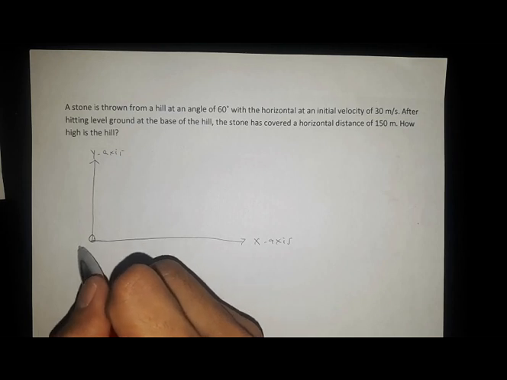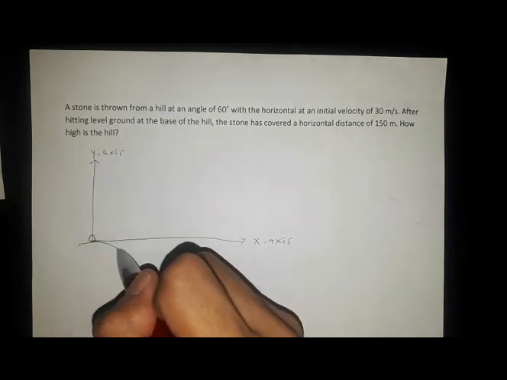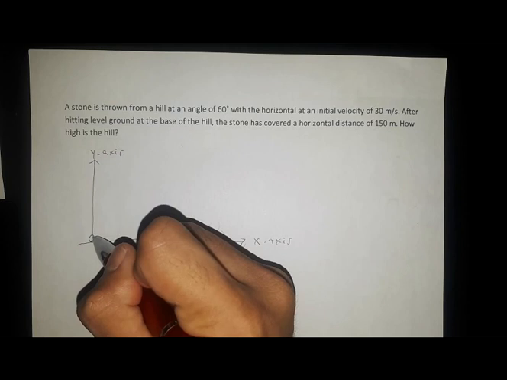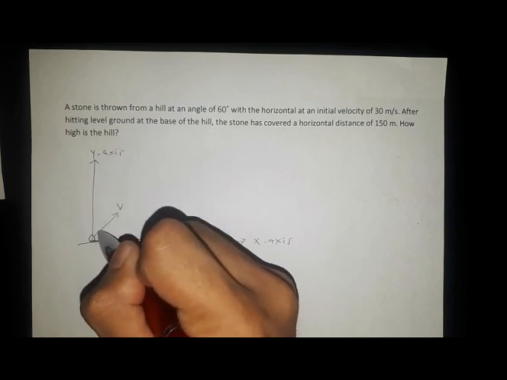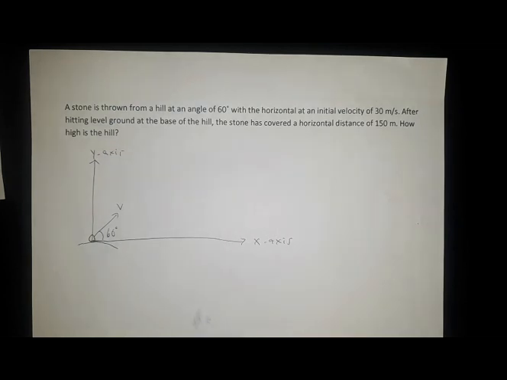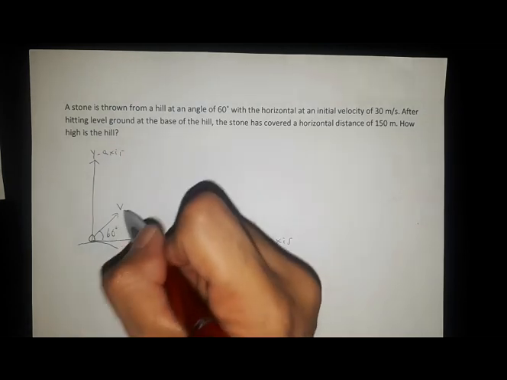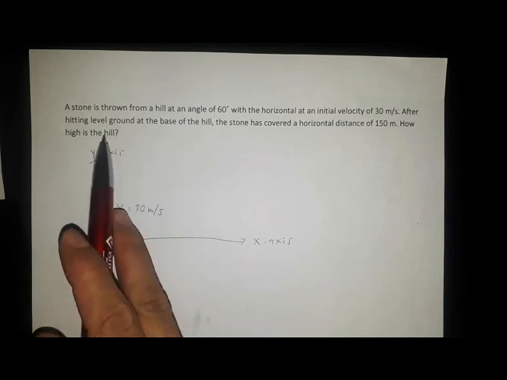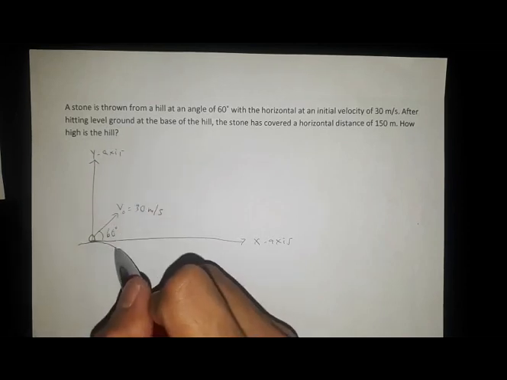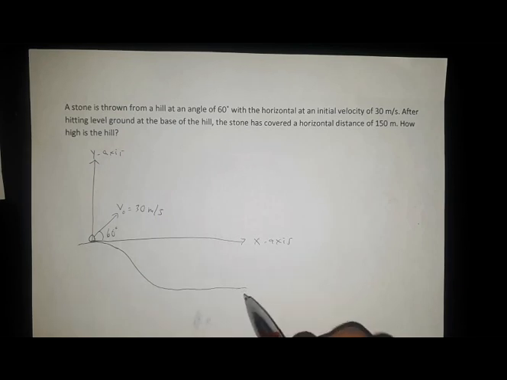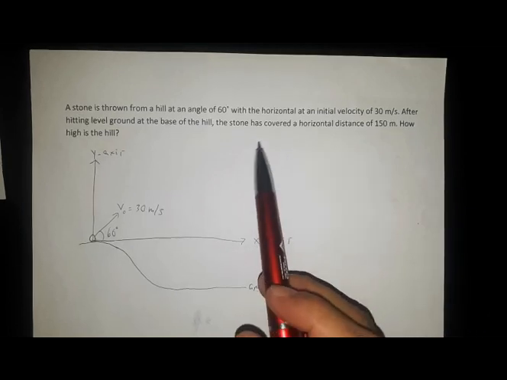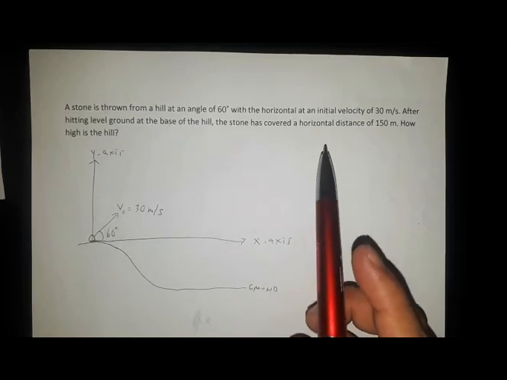Let's make this the top of the hill. Then it is thrown at an angle of 60 degrees. So this is your velocity with an angle 60 degrees at an initial velocity of, so your Vo is 30 meters per second. After hitting level ground at the base of the hill, so the base of the hill is a level ground.